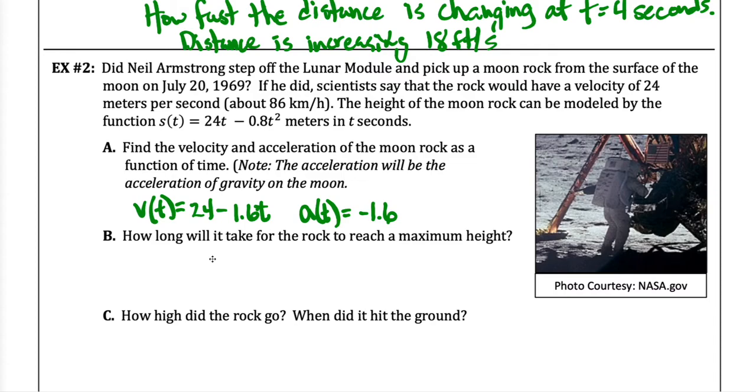Now, it's a very valid question. What's annoying for most students is that it doesn't tell you what to do. It doesn't tell you to find when the velocity is 0. Because if you're talking about a rock going up, pausing, coming down, we're trying to find when the velocity is 0.